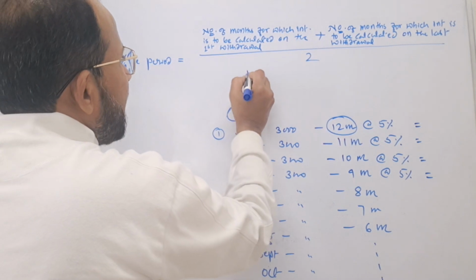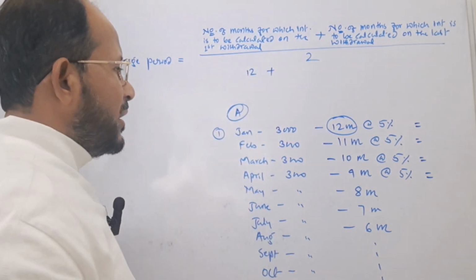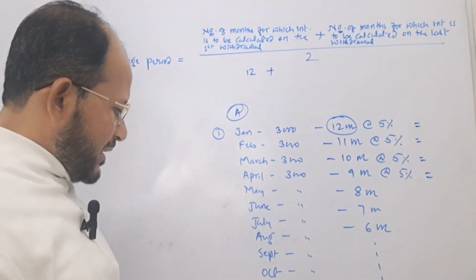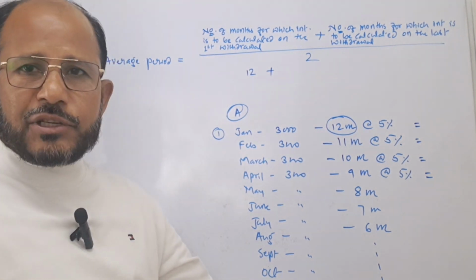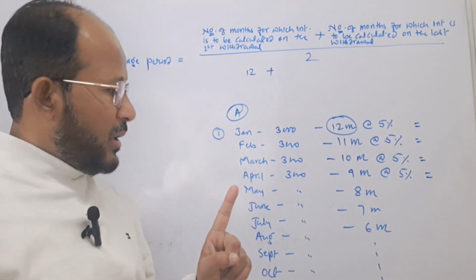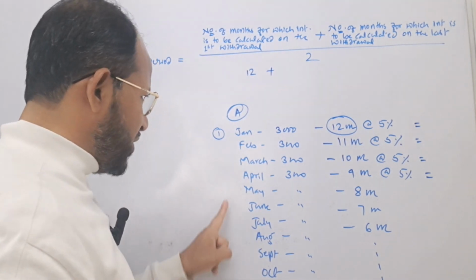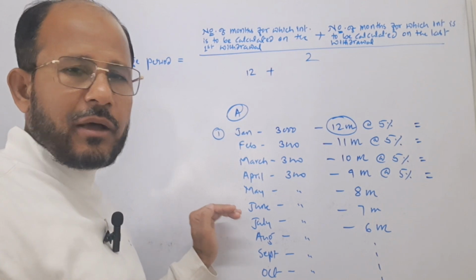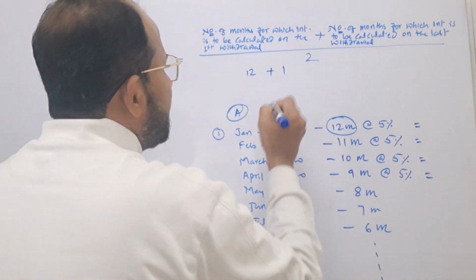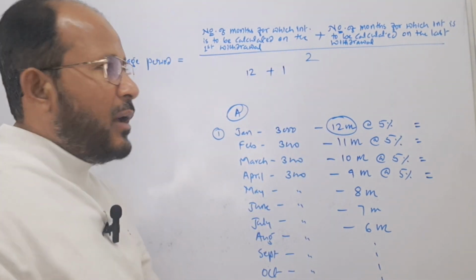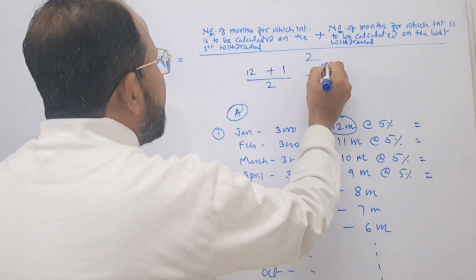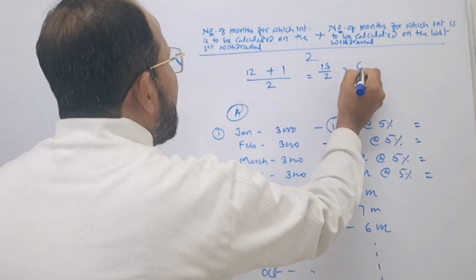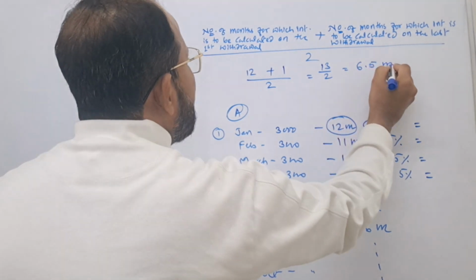That 12 is to be taken here. 12 plus. Next one is in case of December. See, this is the last withdrawal. For how many months is interest to be calculated? Only for 1 month. Here, this is the situation where the amount is withdrawn at the beginning of every month. That is why here 12 plus 1, and this is to be divided by 2 so that we can get the average period. It comes to 13 by 2, or we can write 6.5 months.